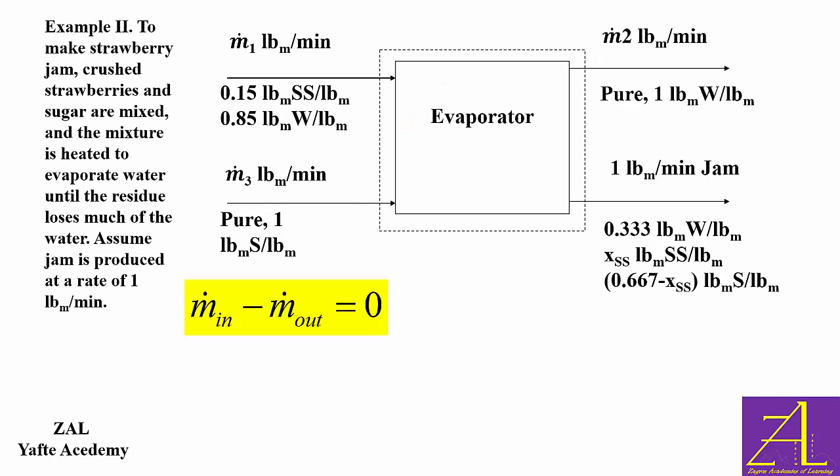Consider the production of jam example at a steady state with 60 pounds per hour of jam produced, or 1 pound of jam per minute.